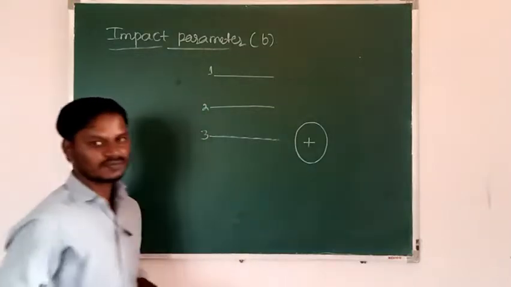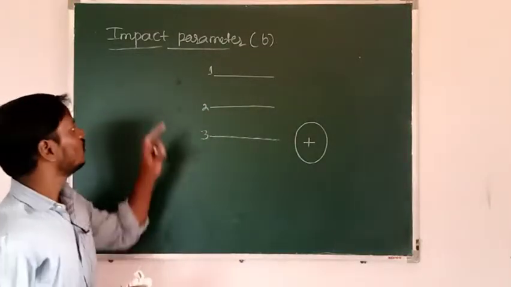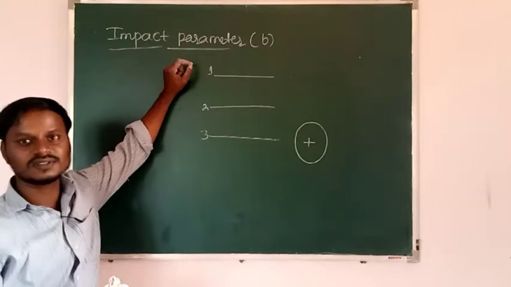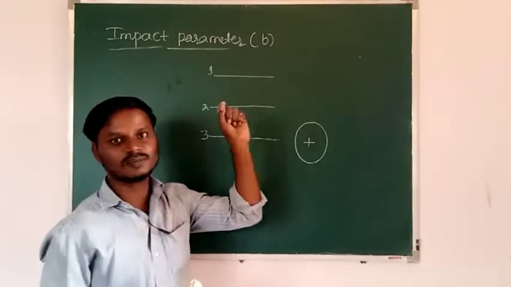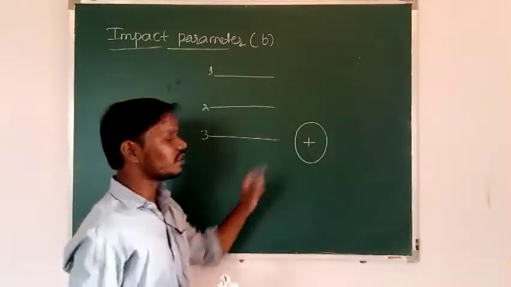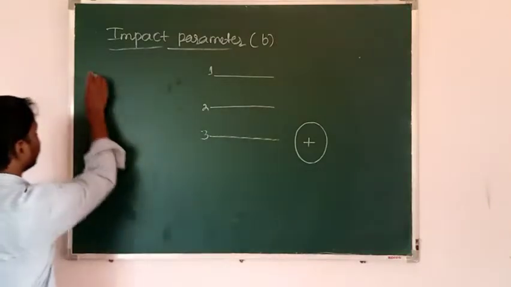First we have to know. Impact parameter is the perpendicular distance between the initial velocity vector of the alpha particle and the center of the nucleus. What is the impact parameter?